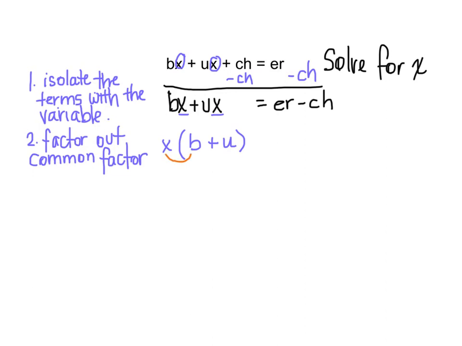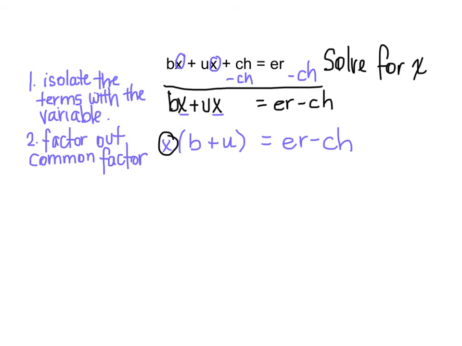X times B will give me BX, X times U will give me UX. So, yes, in my math, I factored correctly. And on the other side, I would be left with ER minus CH.